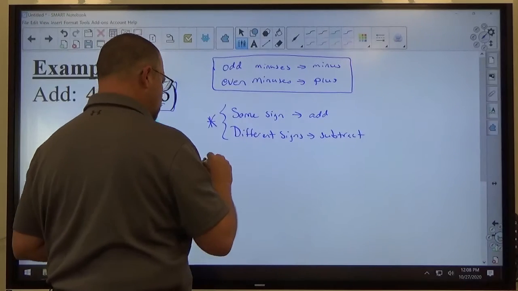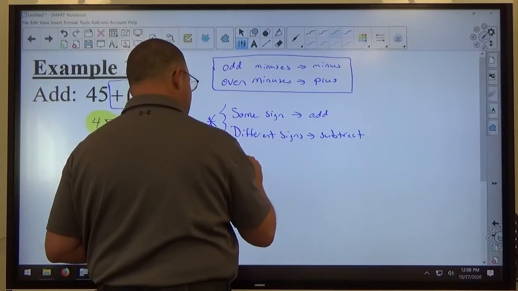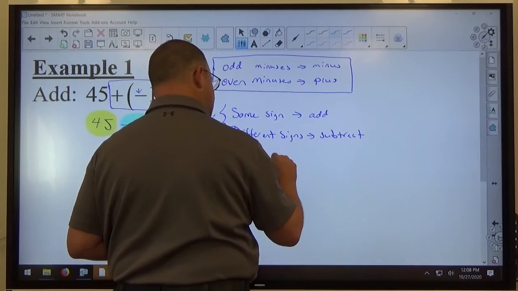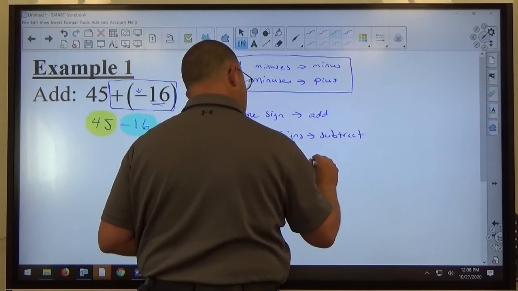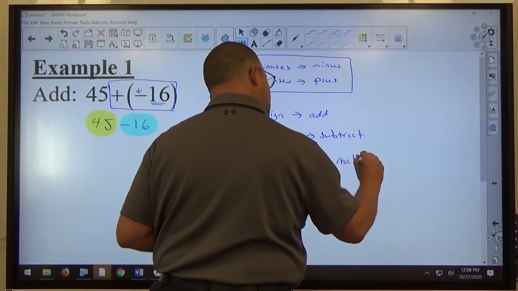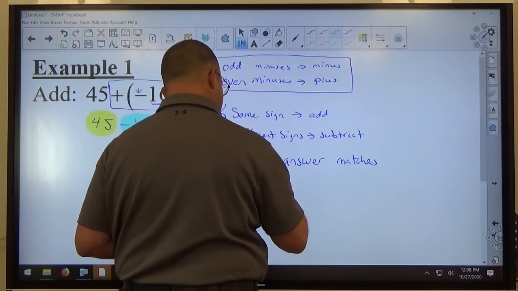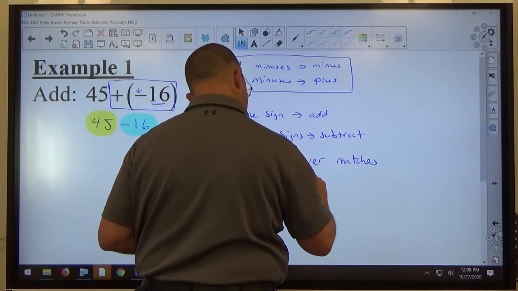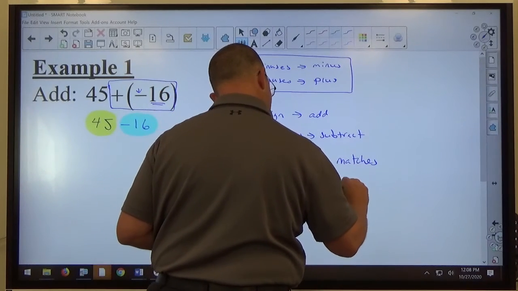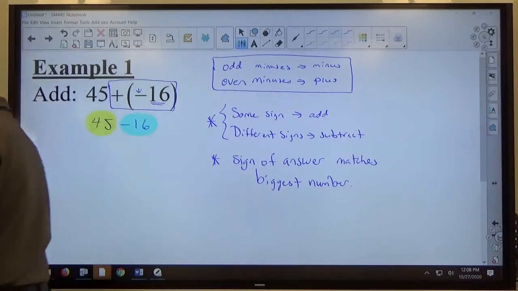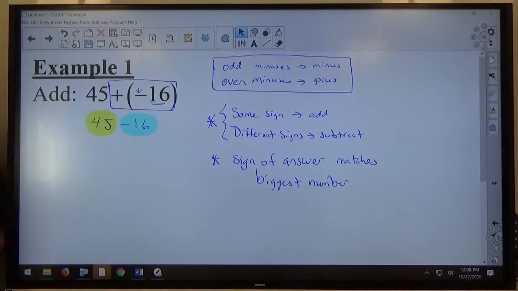Priority 2 is the sign of the answer matches the biggest number. Get out of your brain that a plus sign means to add, a minus sign means to subtract. Get into your brain: are the signs the same or are the signs different? That establishes what you do.